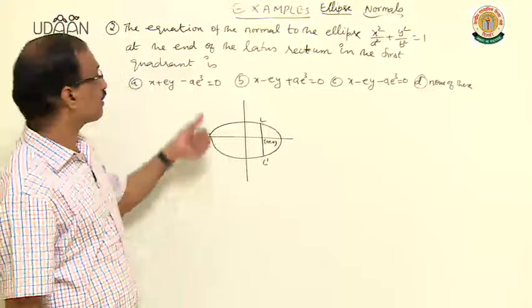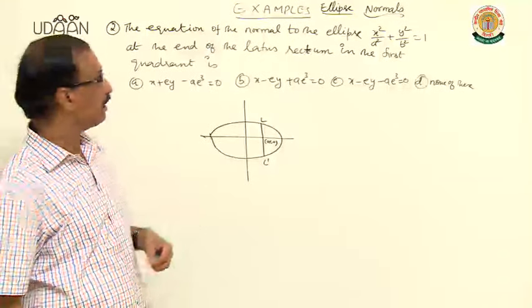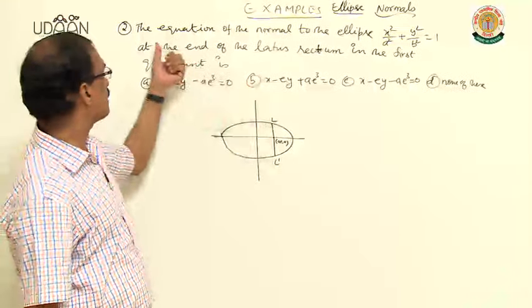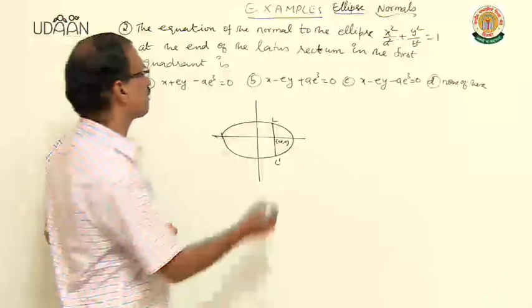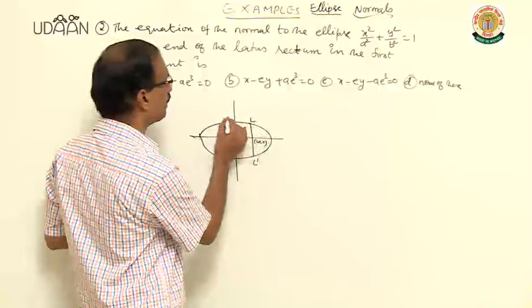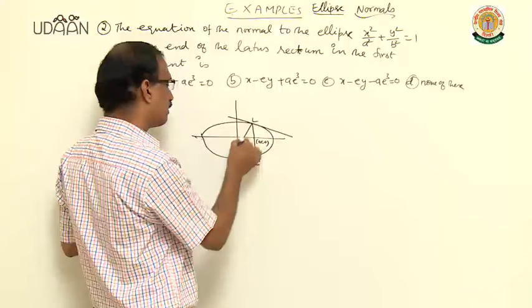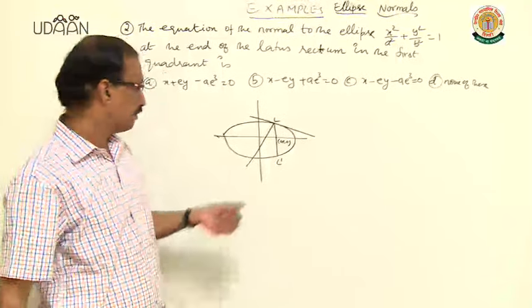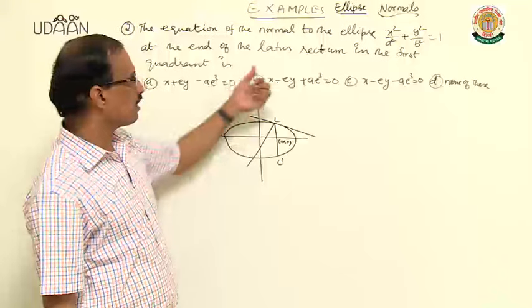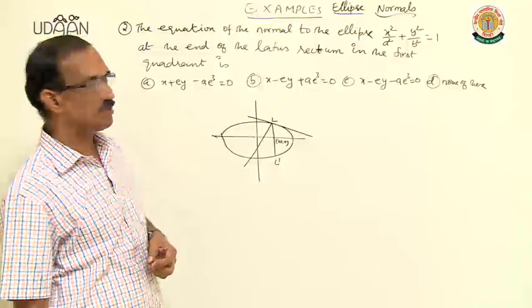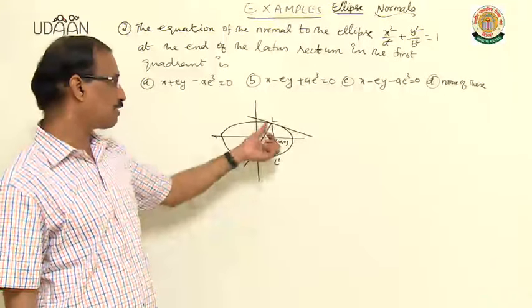So we are going to draw the normal at this end point of the latus rectum in the first quadrant. If we draw the normal, then what is the equation of this?